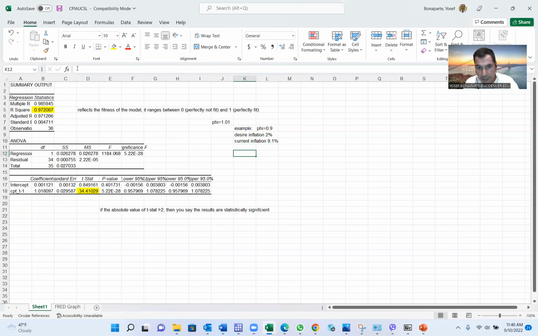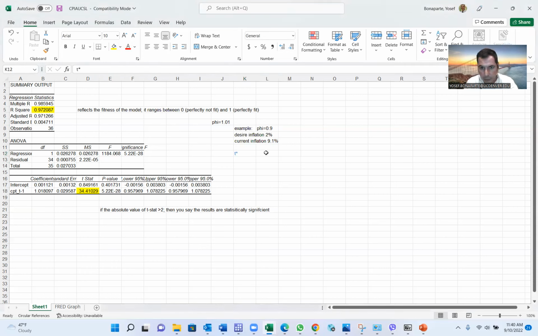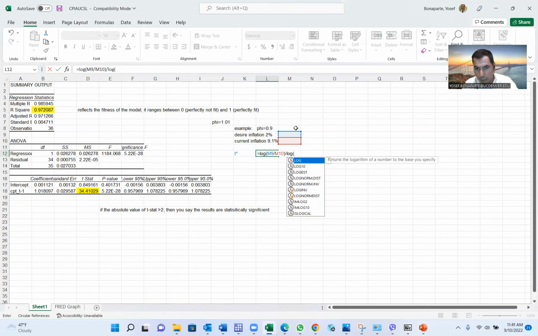Then what is the T star? We call it T star, let's make it in blue here. It's going to be equal to the log of the desired inflation divided by the current inflation, everything divided by the log of phi.